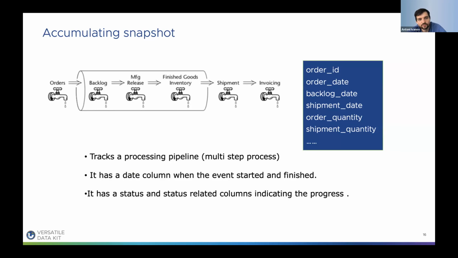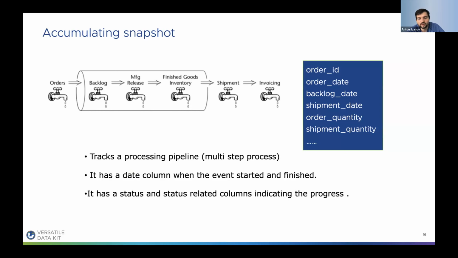For some more complicated orders, you have manufacturing. Somebody needs to create it. For example, we ordered a new bed. Somebody needs to manufacture it and create the new bed and finally ship it to us. And of course, we need to pay. This is something that goes through multiple steps and takes time.